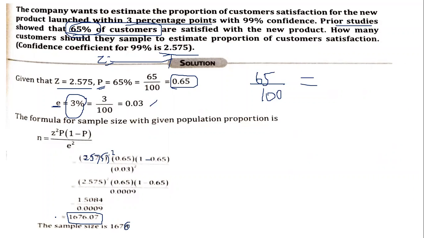If I ask 1676 people about the product, I will get the proper review of the customer satisfaction. That is what is the meaning of the sample size. Understood? Practice this problem a little, because the wordings may sound a little confusing.